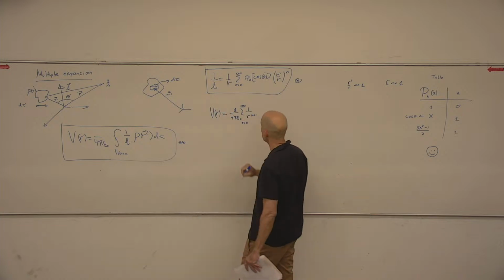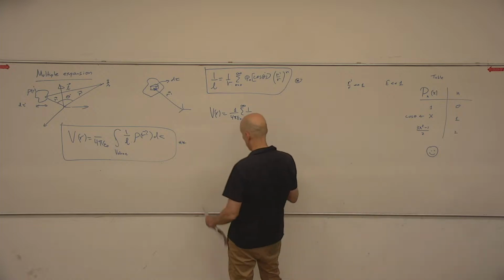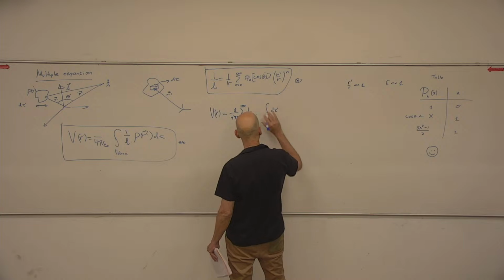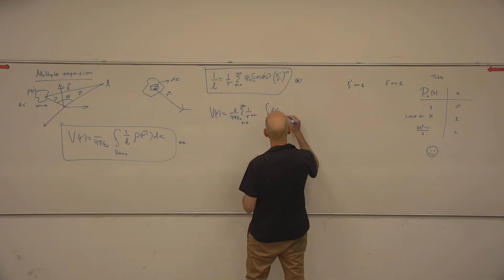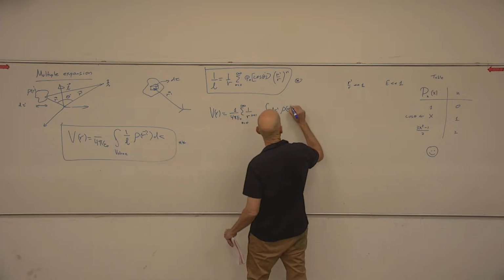Soon I have to comment on this. And then I'm left with the following integral over the volume d tau. It's a three-dimensional integral like a usual thing. Rho of r, r prime.